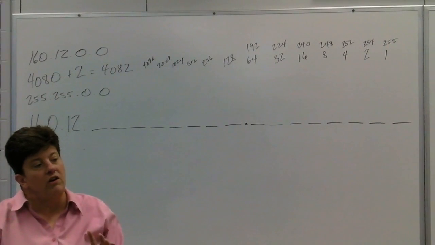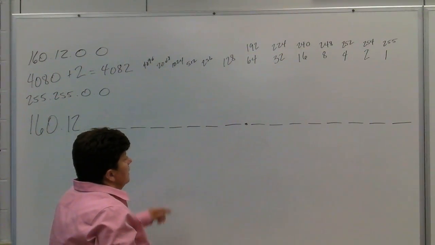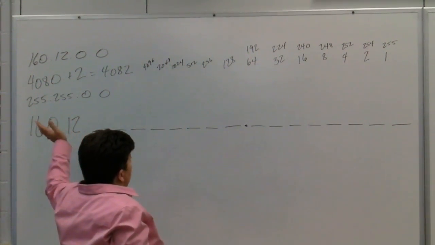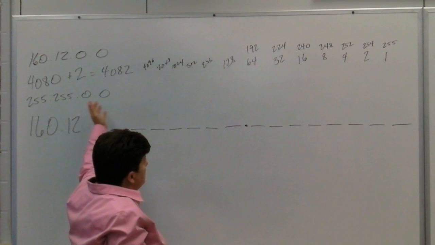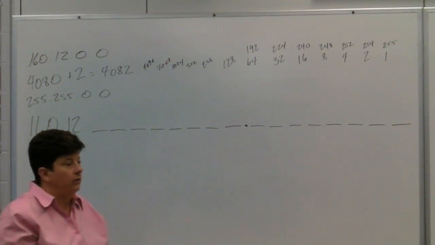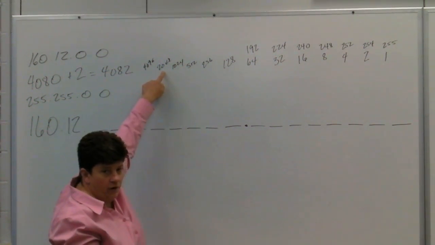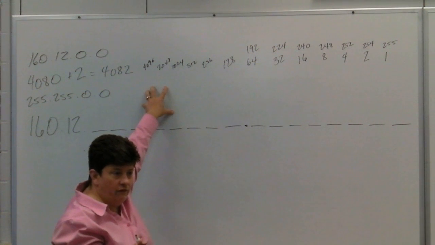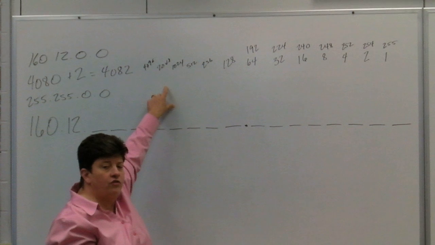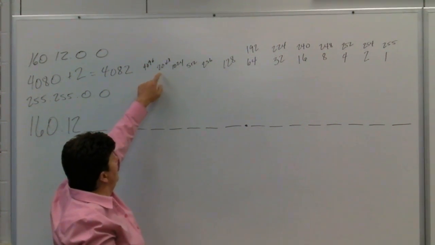Okay? Here's the good thing about hosts, I guess. It's not a big deal for you to know how to write out the number 4,082 exactly, because we would have to take 4,082, subtract 2048 from it, and convert to binary. I don't really have to do that. I just really need to know where this line is.